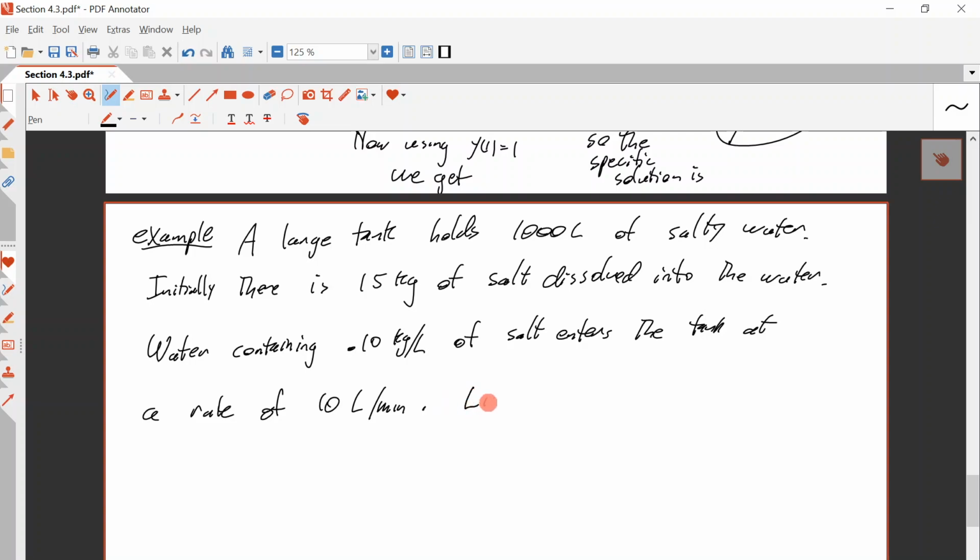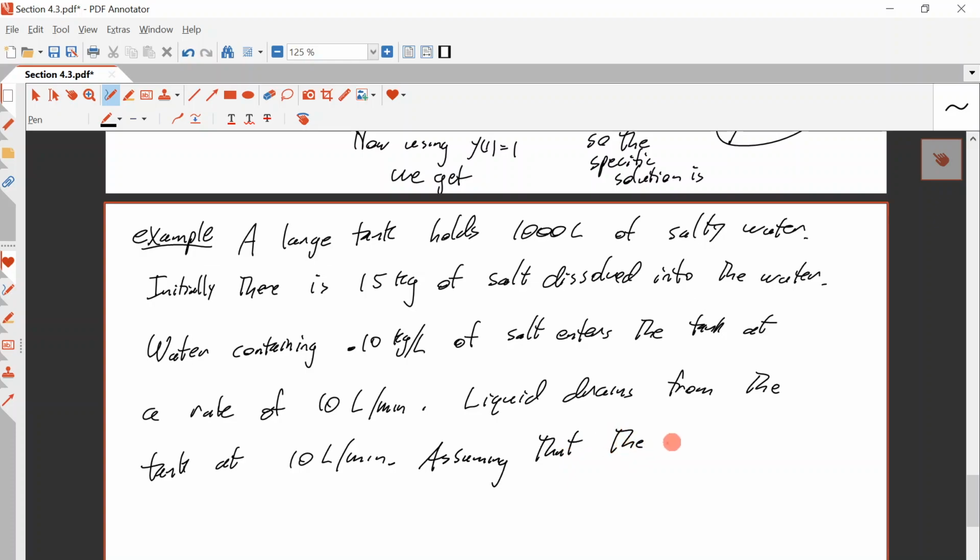Liquid drains from the tank at 10 liters a minute as well. Assuming that the mixture is uniformly salty at all times, answer the following questions.